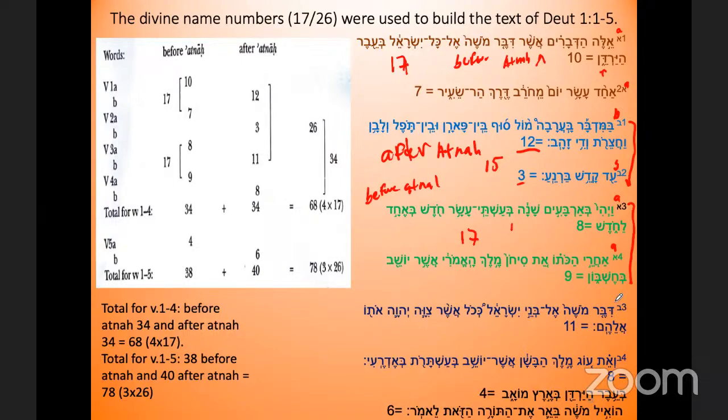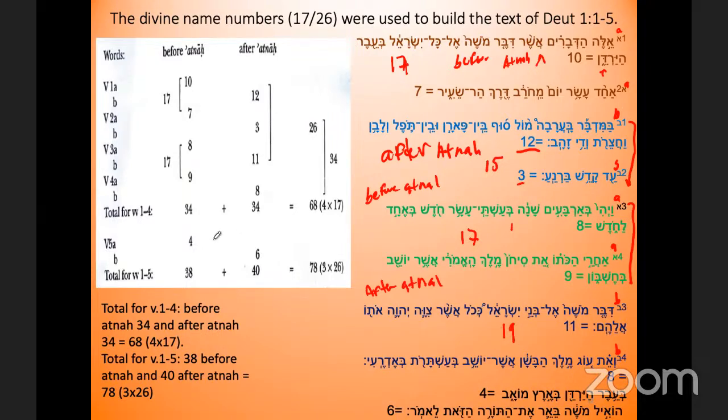And then verse 3b and 4b, verse 4, second part, and verse 3, the second part, after Atna. We end up with 11 words for verse 3b, and then 8 for verse 4b. So we have 19.